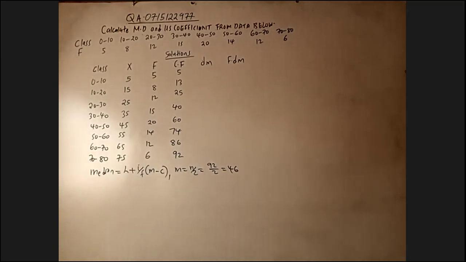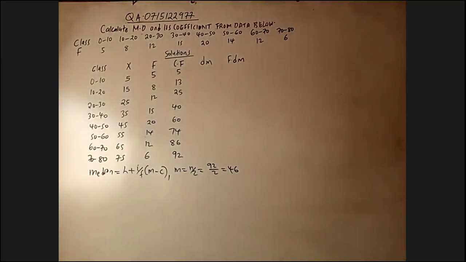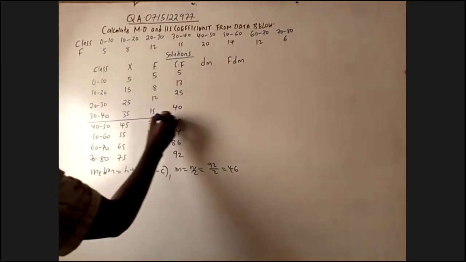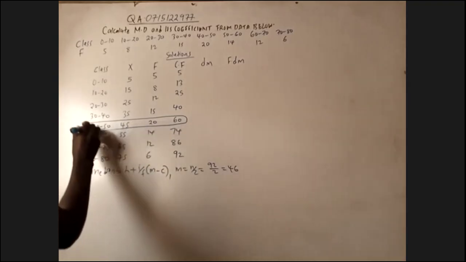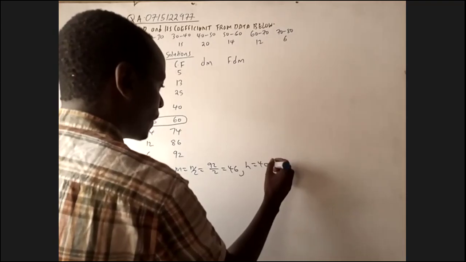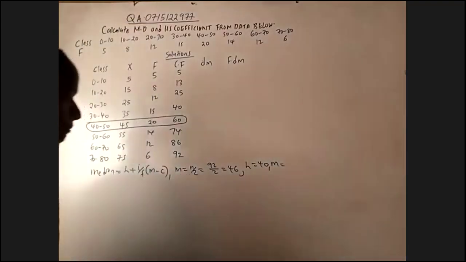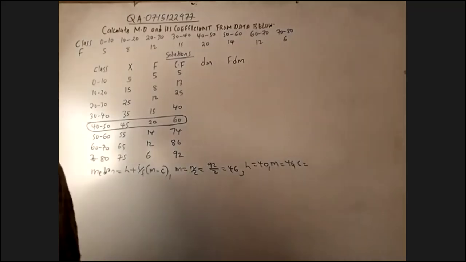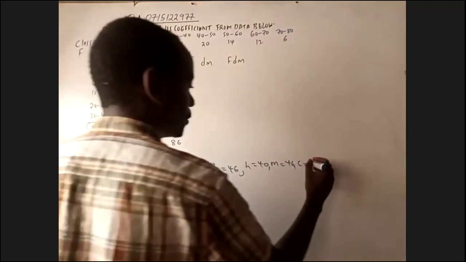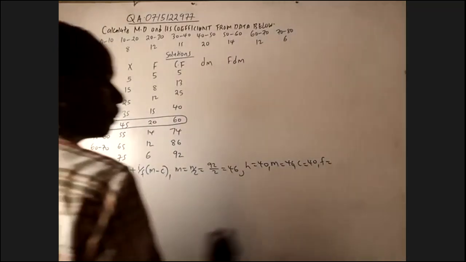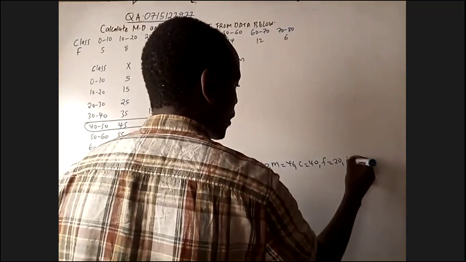It lies at 46, the item above it. So what will be our L? 40. Our M? 46. Our C? 40. Our F? 20. Our I is 10.